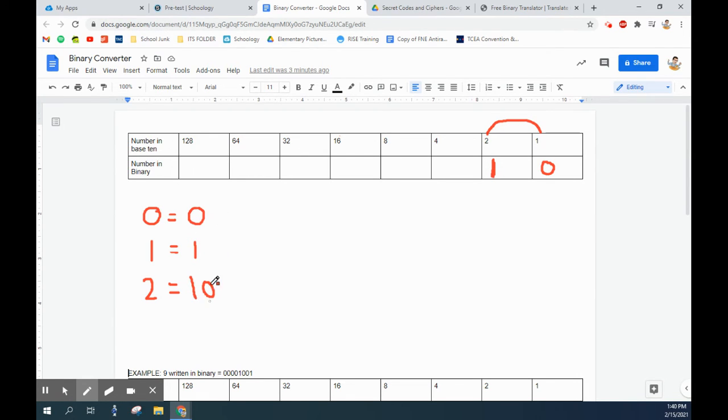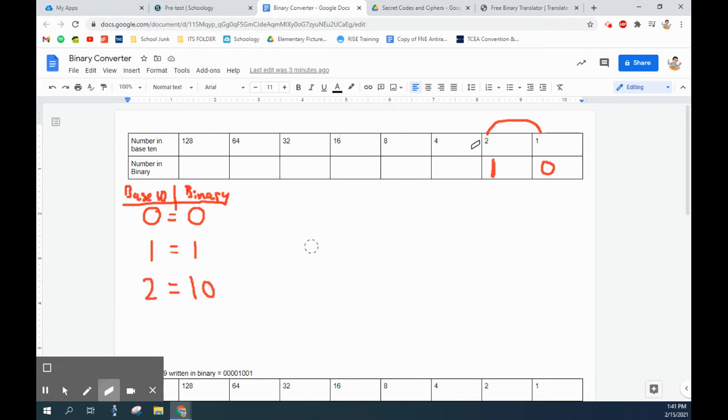Our human brains want to be like, that's the number 10. See, over here, that would be true. In our base 10, we'd say, yep, that's totally true. That's the number 10. But see, over here in binary, we say, nope, that means 0 in the ones place and a 1 in the twos place.